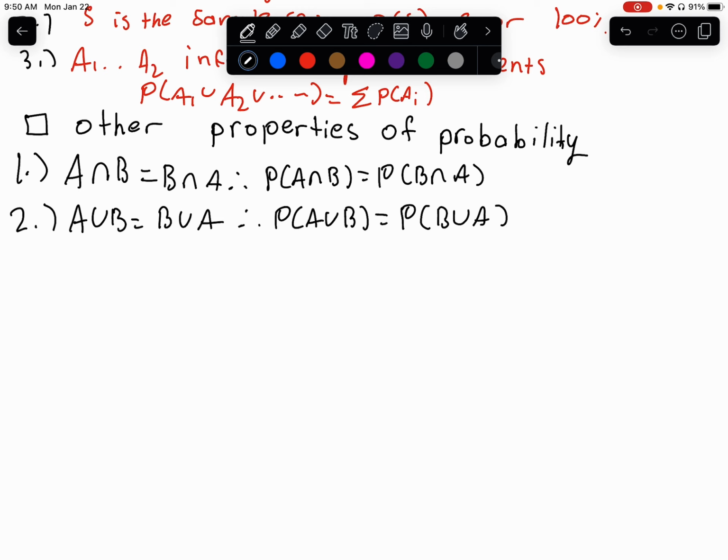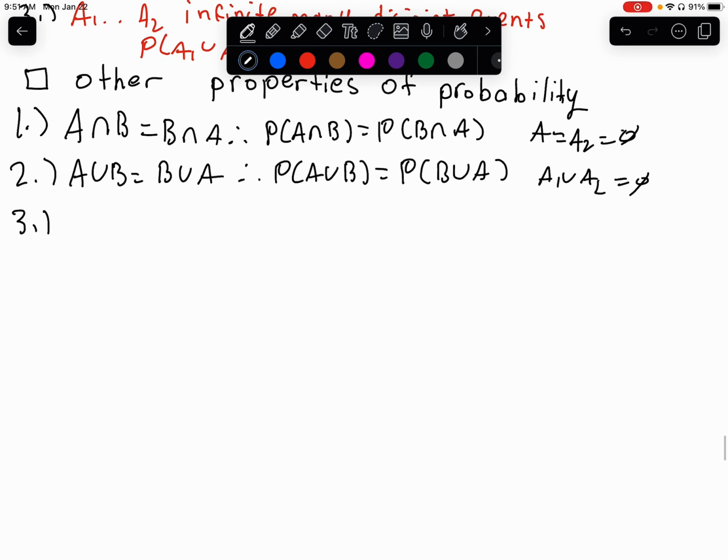In this one, we have A1 intersection A2 cannot equal 0, for example, and A1 union A2 cannot equal 0. Our third point: let the probability of the empty set equal 0.